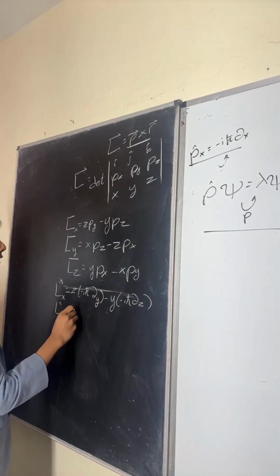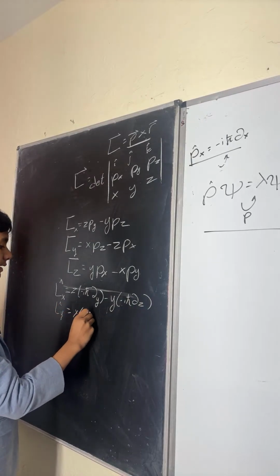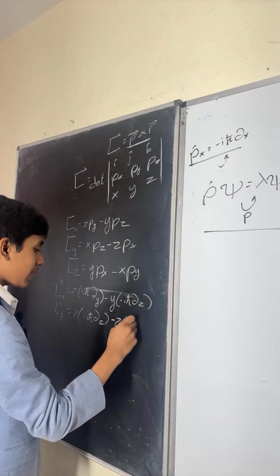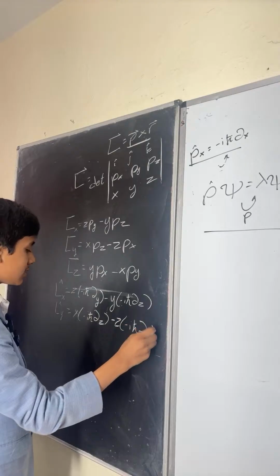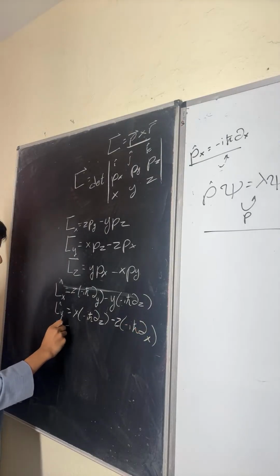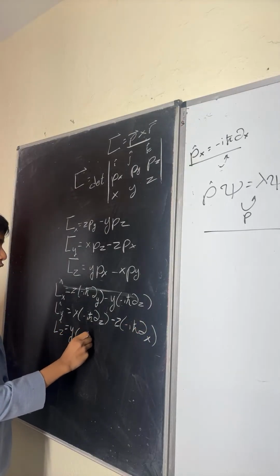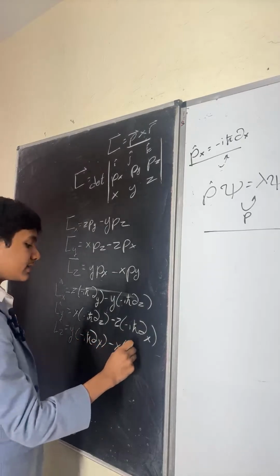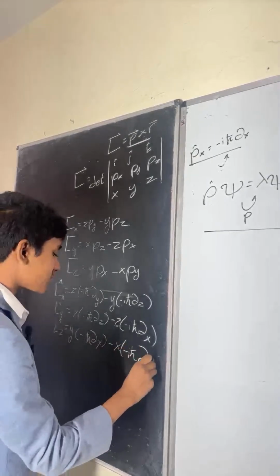Ly is x times minus iħ partial z minus z times minus iħ partial x, and Lz is y times minus iħ partial x minus x times minus iħ partial y.